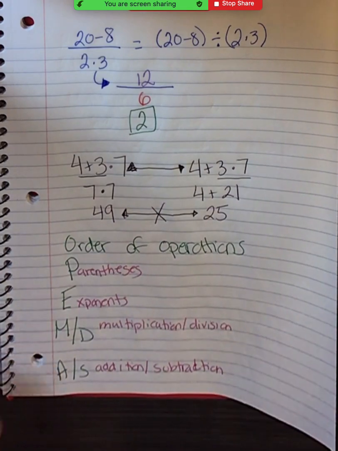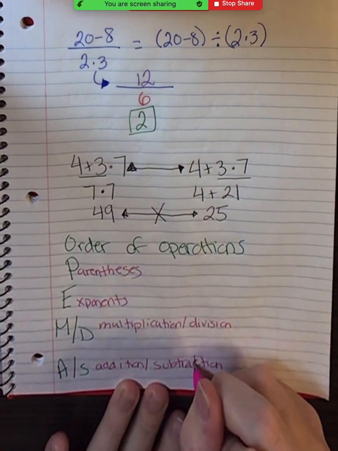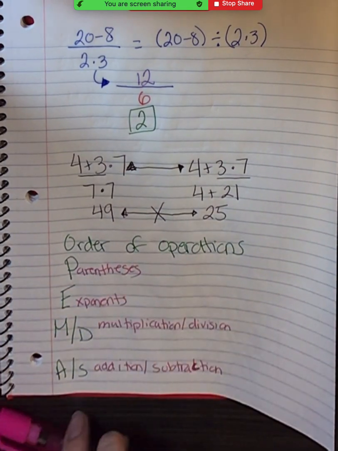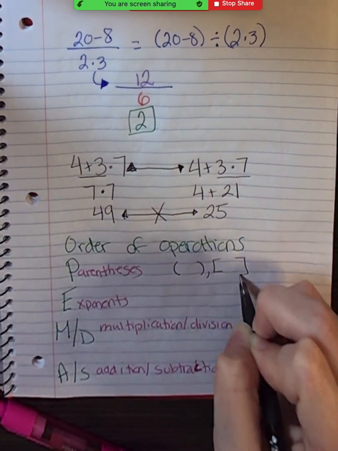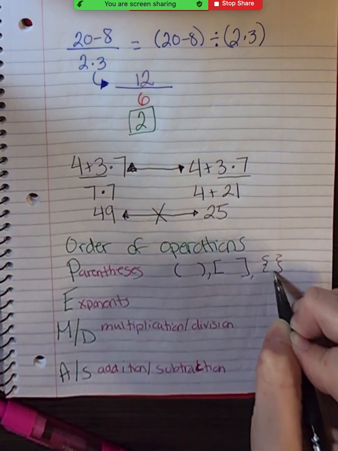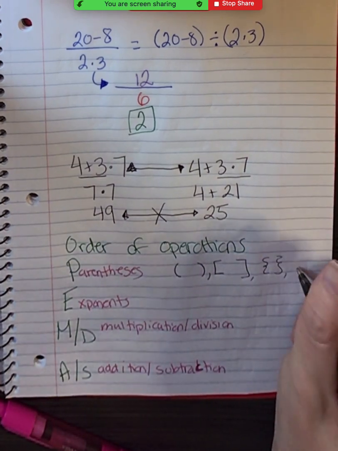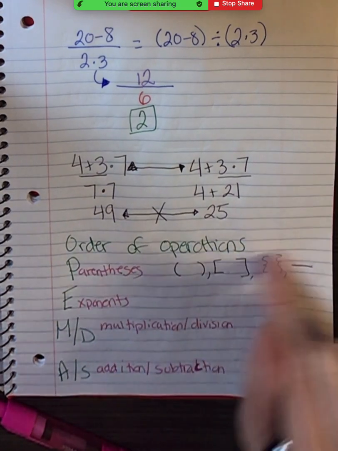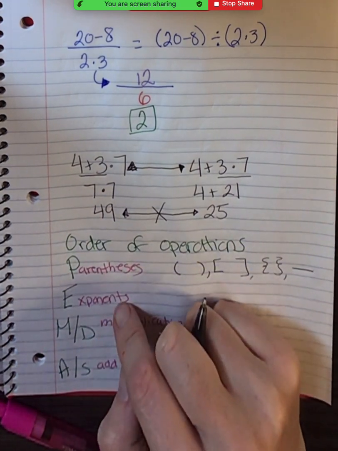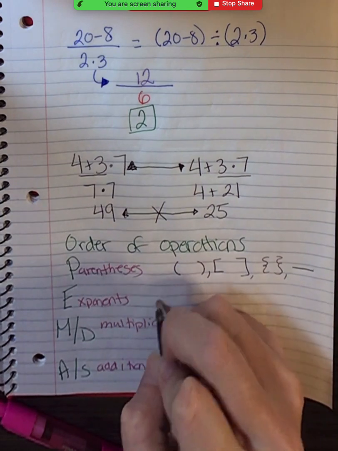So how these work: parentheses mean grouping symbols. They can be these types of parentheses, brackets, they can be curved or squiggly parentheses or brackets, they can be a division bar. So do anything within your parentheses first. Then move on to your exponents. So anything to a power.